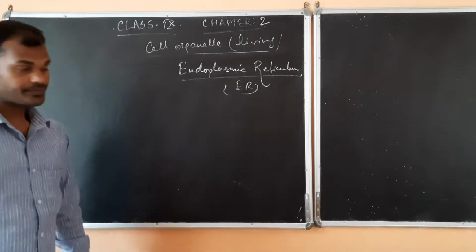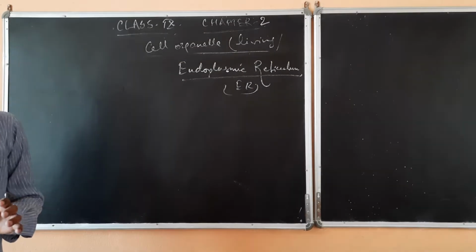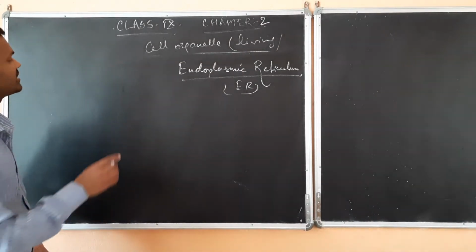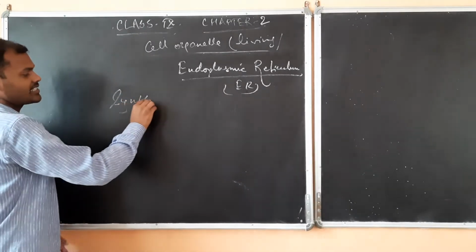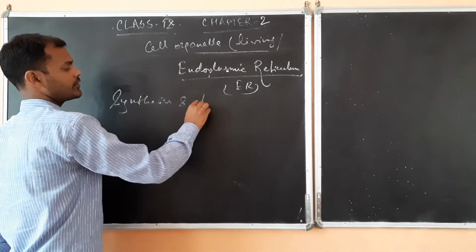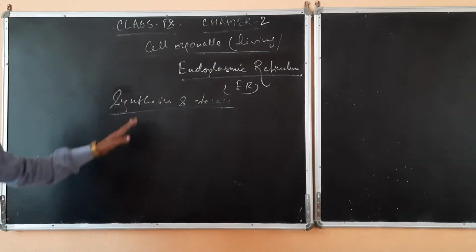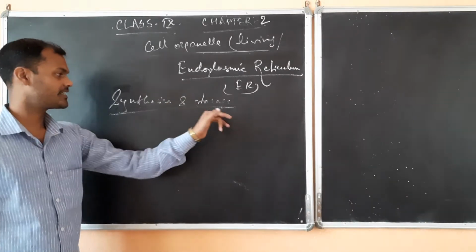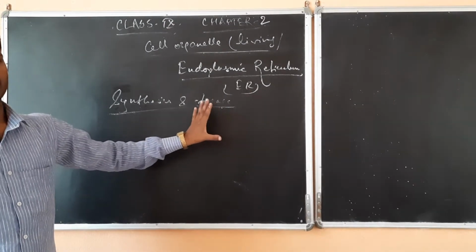ER is basically responsible for the transport, the synthesis and storage of chemicals. That is the function of the endoplasmic reticulum. First, it will synthesize all the chemicals and hormones required for the metabolic activities, and at the same time, it will be responsible for the storage of materials.